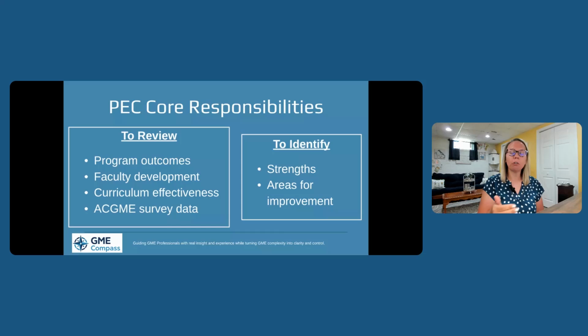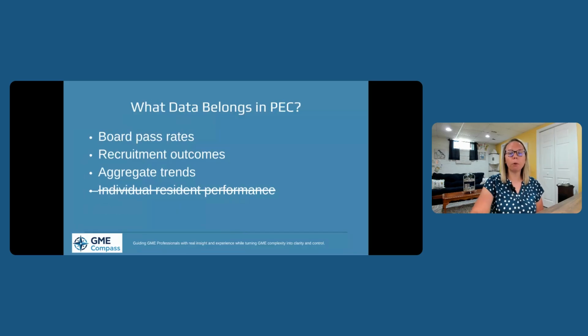That means you're looking at internal and external strengths and weaknesses of the program and the training environment. PEC should constantly be asking, what can we do to improve operationally or educationally within our program and our training environment?